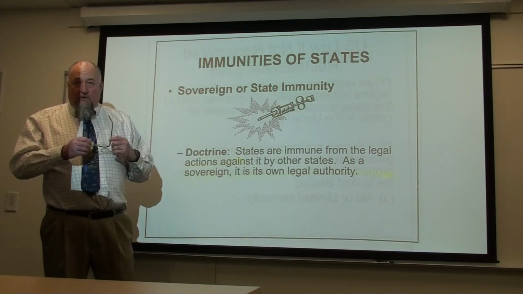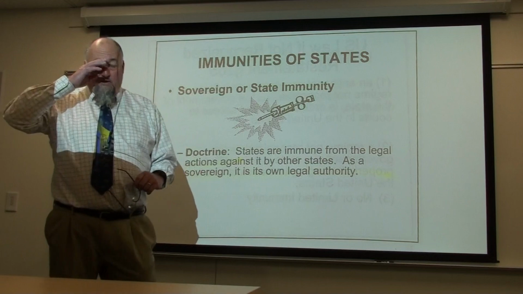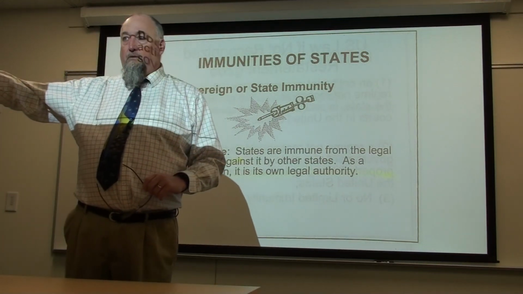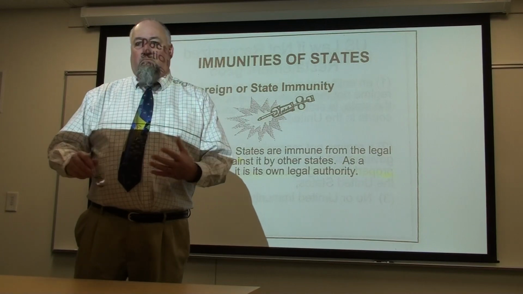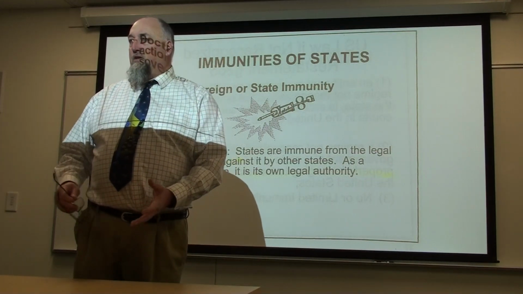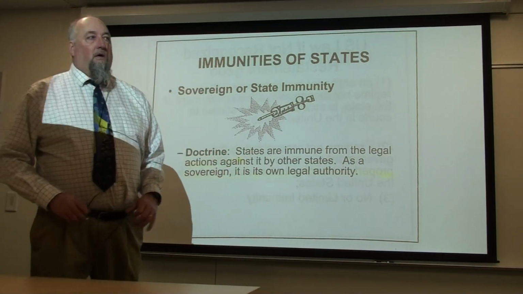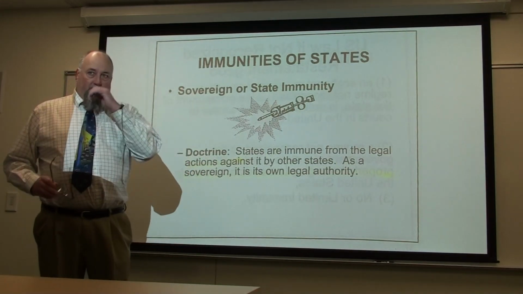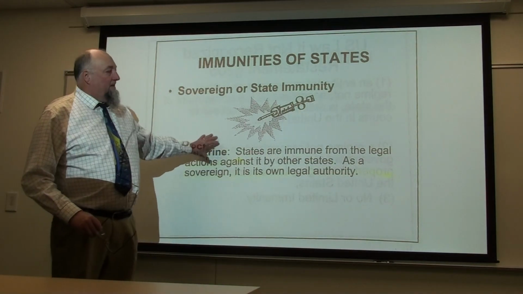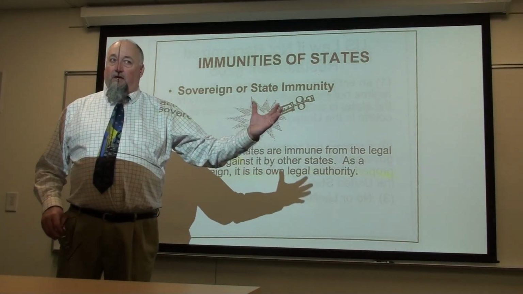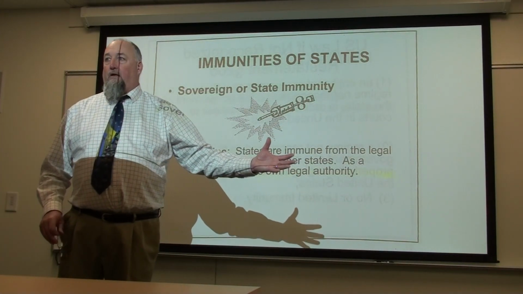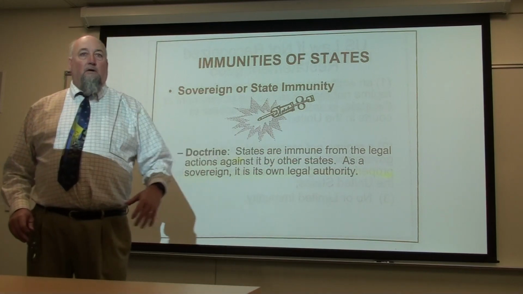Now, where does this come from? Why not give a court the authority over a foreign government? That would seem to make it easy for people within your country to take action if they're harmed. Well, the theory behind giving states immunity is, number one, historically just a matter of practicality. I talked about this earlier.